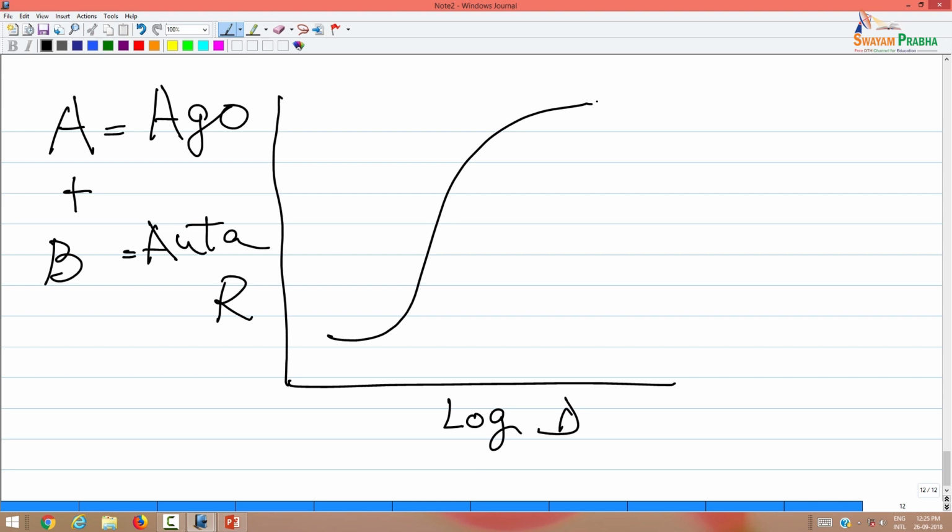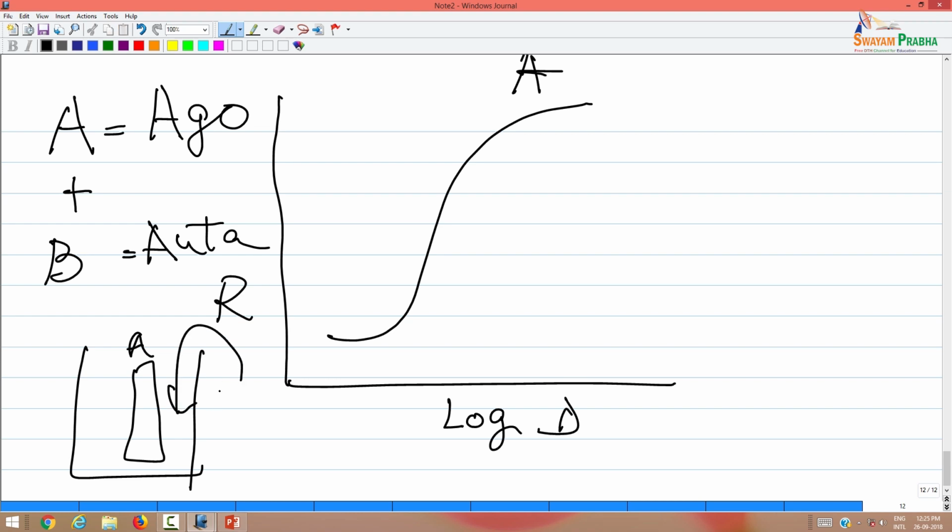Now, this is A. Now, if you put B in the same bath, suppose this is an organ and this is the tissue. Now, A is this response. Now, in this you put an antagonist B also.